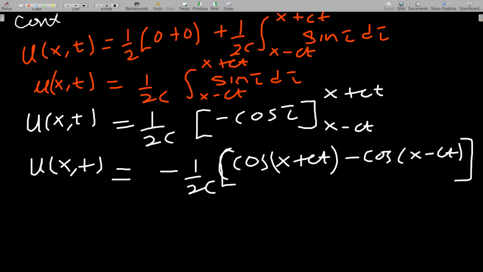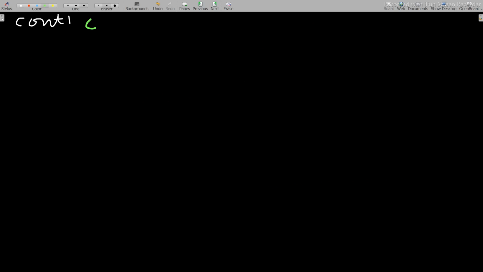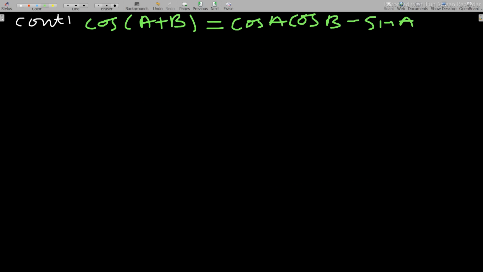Now looking at the bracket here, it is kind of depicting some trigonometric properties. If I have cos(a+b), it's the same as cos a cos b minus sine a sine b.